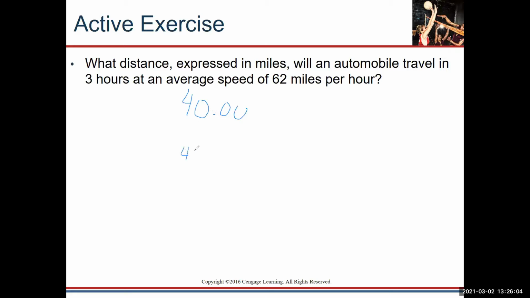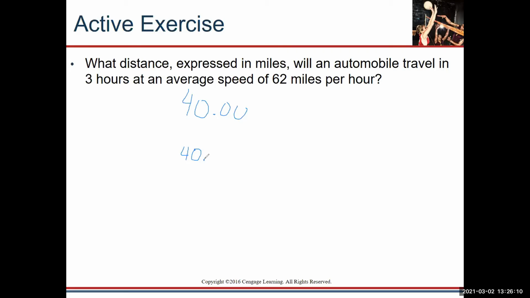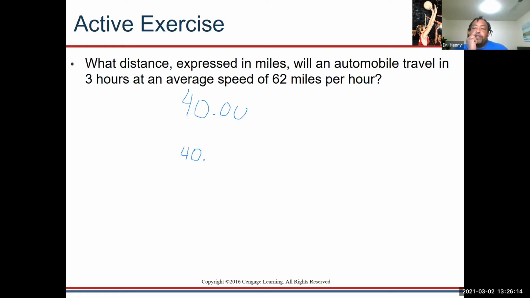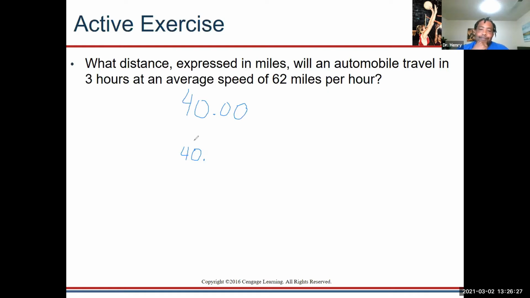If I just put 40 with a decimal point, that's significant. But if there was no decimal point, if it was just 40, then you only have one significant figure. So as for 40.00, the zero before the decimal point and the zeros after are all significant. That is correct.